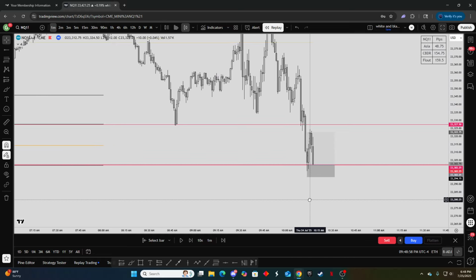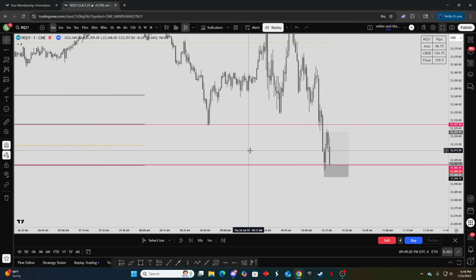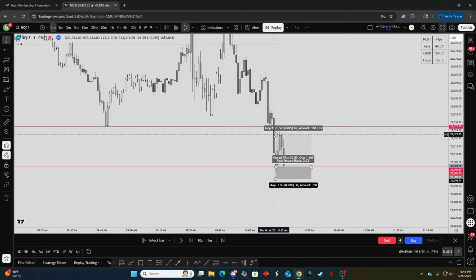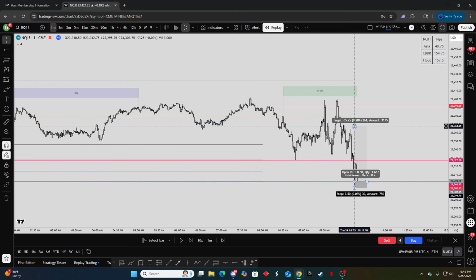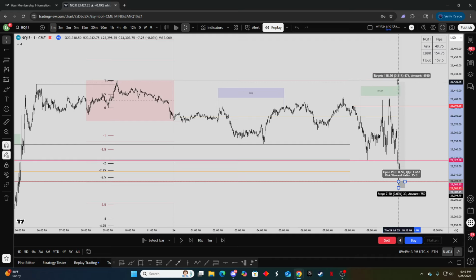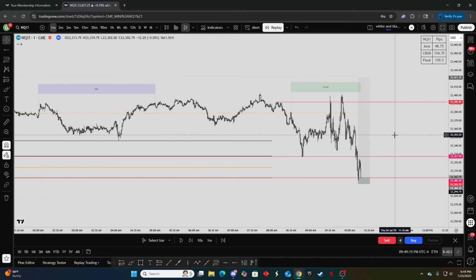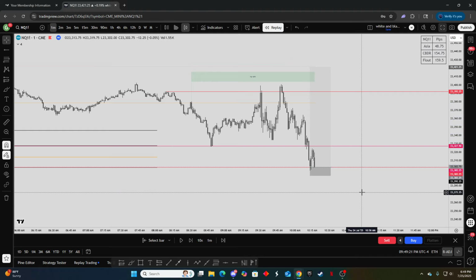But you just gotta know when to use what level. I'll go into that in another video, but in this case right here, and then target, this is the low of day, 4 hour FVG. Targets were Asia highs, so right here. And if I wanted to put a limit, I usually do 10-point stops, right?